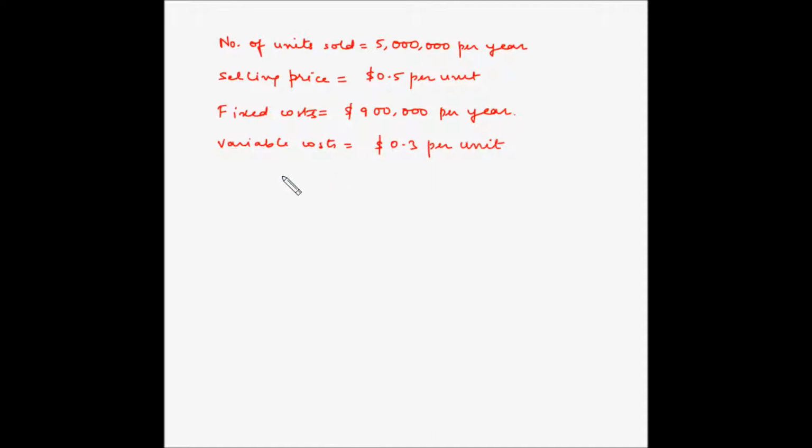Now we know that operating income is nothing but profit, and profit in its simplest terms is the selling price minus the cost price. So operating income is equal to the total revenue minus the total cost. Here total revenue is representative of the selling price. So total revenue is nothing but unit selling price multiplied by the number of units sold. And total cost is representative of the cost price, and the total cost is fixed cost plus the variable cost.